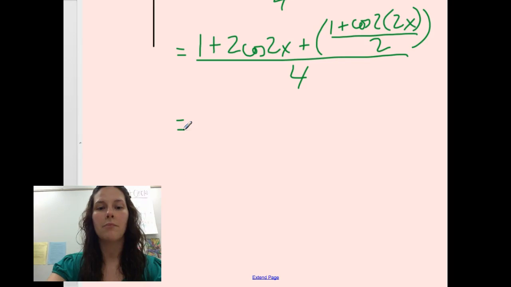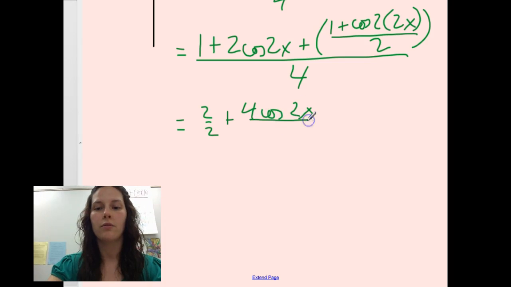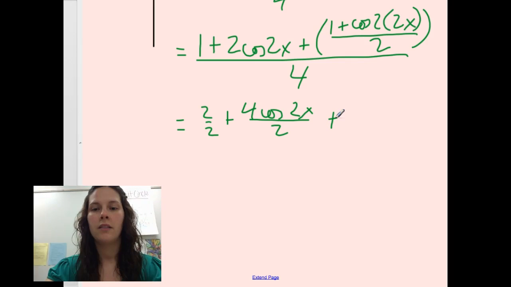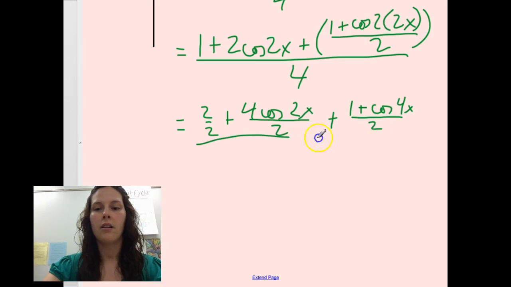I'm going to multiply them by 2 over 2, so our 1 turns into 2 over 2. Our 2 cosine 2x turns into 4 cosine 2x all over 2, plus the 1 plus cosine of 4x all over 2 all over 4.